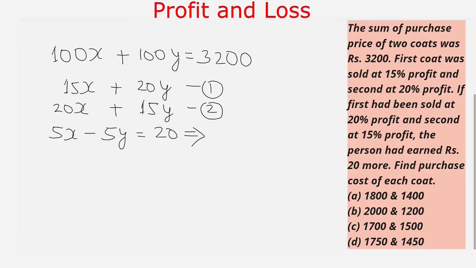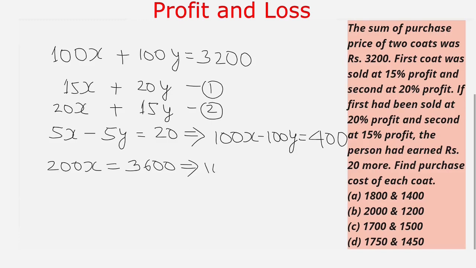We multiply it by 20, then it becomes 100x minus 100y equal to 400. We had 100x plus 100y equal to 3,200 and 100x minus 100y equal to 400. If we add these two, then this becomes 200x equal to 3,200 plus 400 is 3,600.